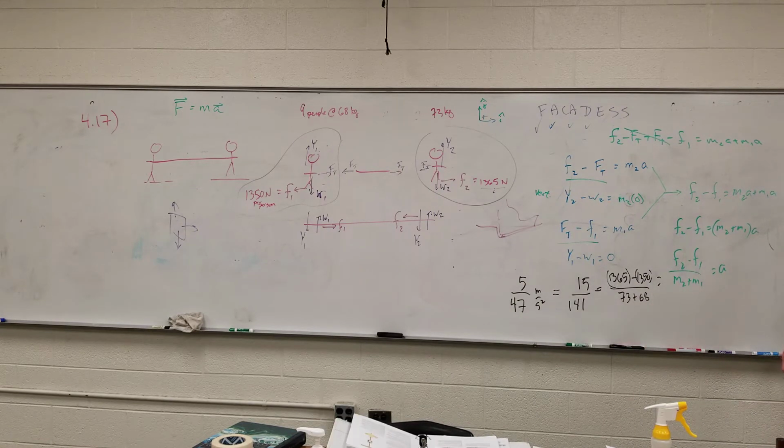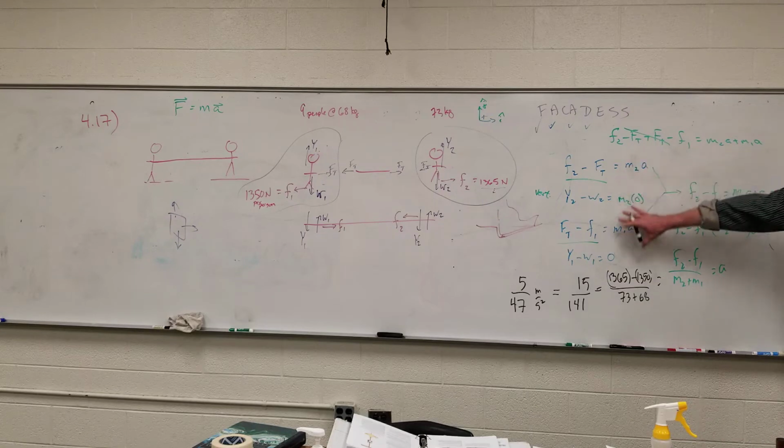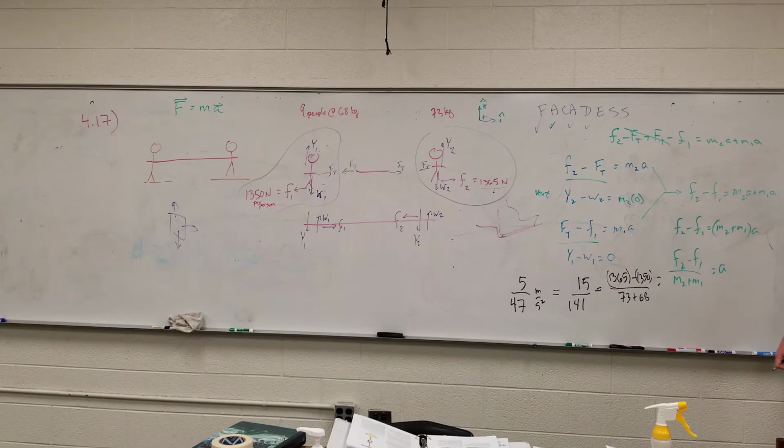Wait, so can't you also just do the F equals MA? That's what we did to get these. Yeah, but instead of going through the equations of motion and everything, couldn't we have found the net force and then the masses and just solved for acceleration? Yeah, you could have, that's one of the shortcuts you could have taken.